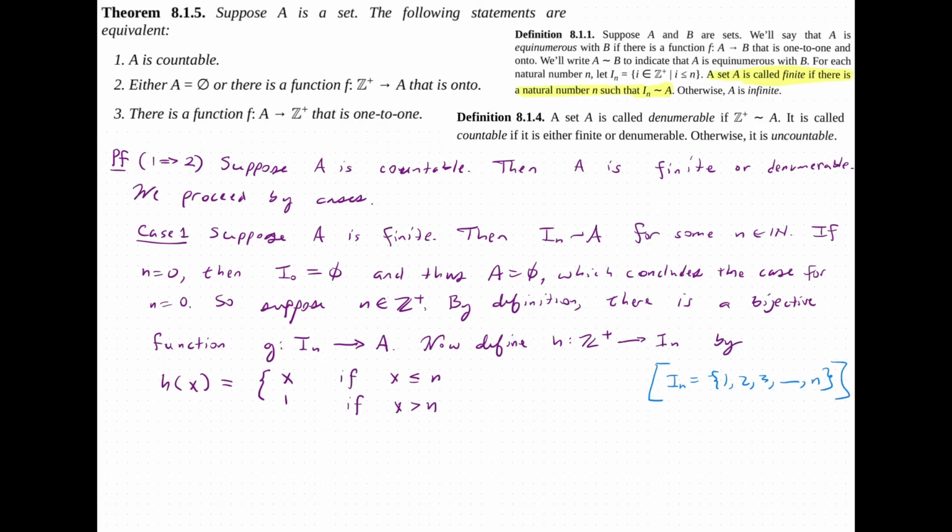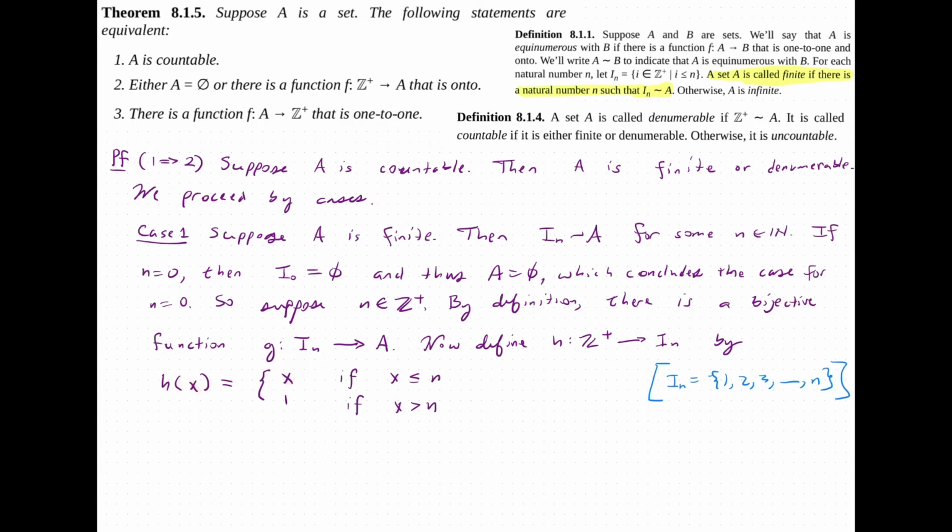So what we are doing here is defining a function from the positive integers, but we are constructing it so that it's onto. Because now, once we have our input x, this is mapped to x if x is less than or equal to n. But we are looking at all the positive integers. So if x is equal to 1, we map to 1. If x is equal to n, then we map to n.